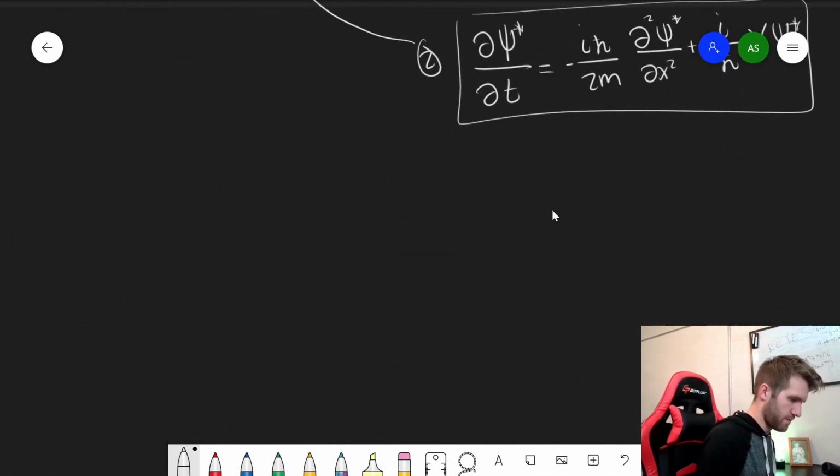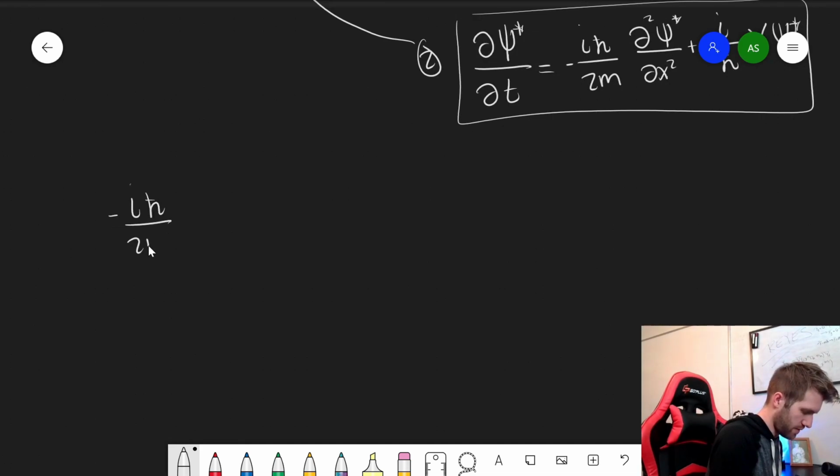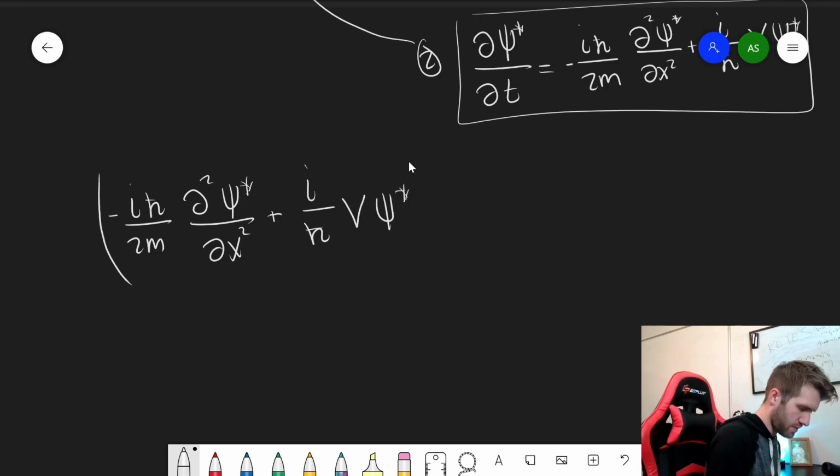So first one, we're going to have negative i h bar over 2m d squared psi star dx squared plus i over h bar times our potential V psi star, and we're going to close that off here.